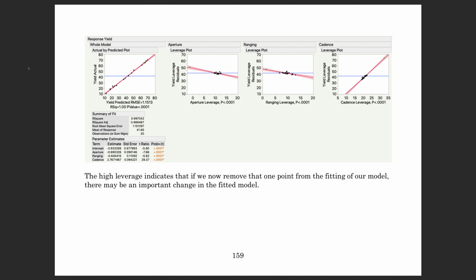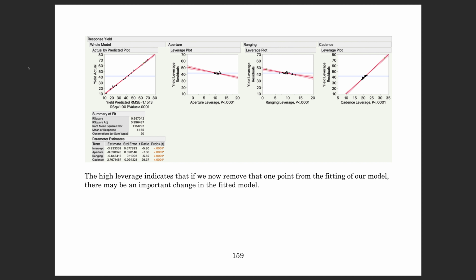But it doesn't look to be a big problem. Our model looks really good. And you will see that all 3 of our x variables, aperture, ranging, and cadence, are all strongly significant at 0.01%. As I said, aperture and ranging have a negative coefficient and cadence has a positive coefficient.